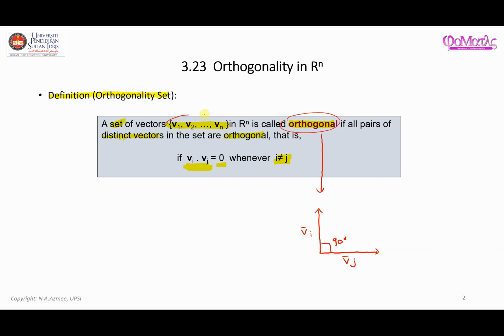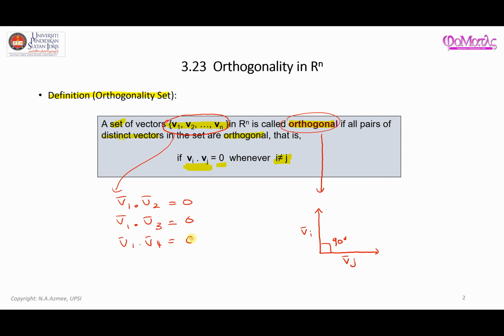So imagine if you have a set of vectors here. You need to make sure that you cover all possible pairs. For example, vector 1 and vector 2, the result must be 0. You have to check. If it is 0, then it is orthogonal. And you have to make sure, for example, v1 and v3, v1 and v4.